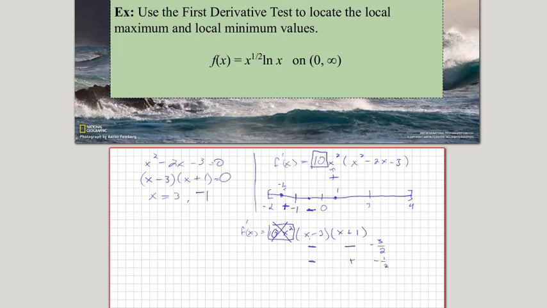So if I plug in 1 into here, I'm going to get negative and a positive again. So again, this is negative. And then over here, if I plug in, say, 3.5, well, now I'm getting positive. So this is positive.